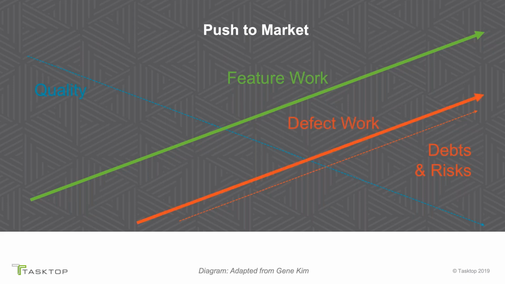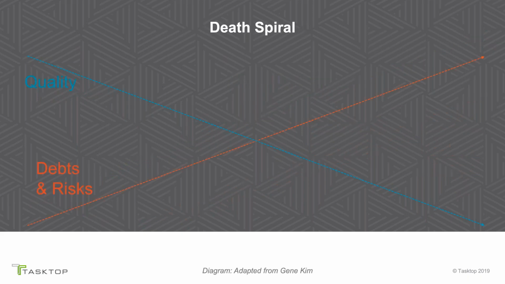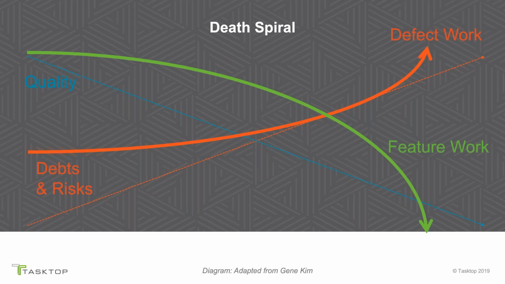So your defect work will go up, which is fine, but you have to understand this, and you can't understand this unless you track these items. So what happens is a death spiral. The death spiral is your quality goes down, your debt and risks go up, which means that your defect work increases, and that's all you're working on, which means your feature work comes to a halt, and your business owners and your business customers are not very happy with you.